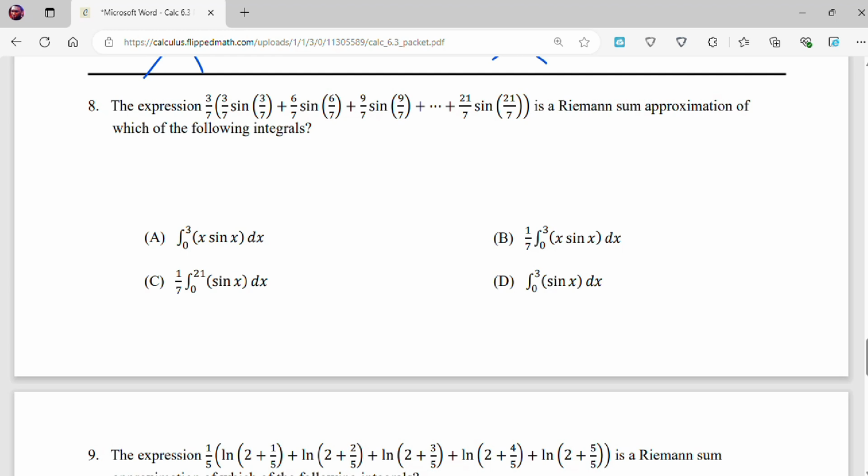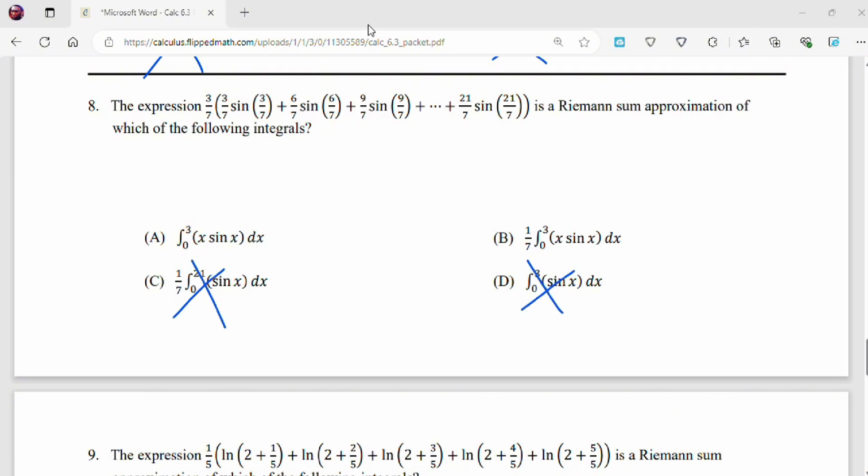So right off the bat, it's looking like A or B because we have x and then sine of that same x, right? C and D only have sine x, but in the expression, we have a number, that same number in front, as a coefficient. So we can eliminate C and D.